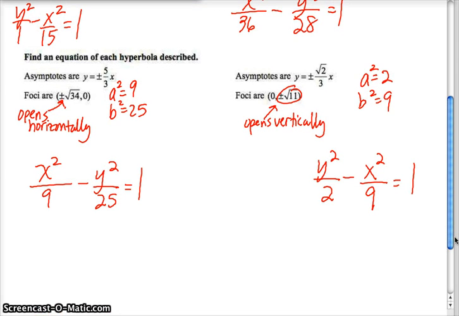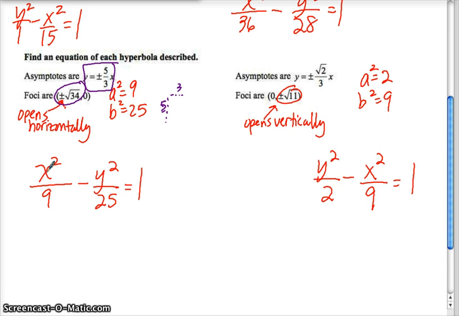Down below, I did everything based on the asymptote information, right? And so if I look at the asymptotes, I know the rise is 5 and the run is 3. That means my y-axis has to be paired with 25, my x-axis has to be paired with 9. The last thing I have to do is decide which one goes first, the x squared or the y squared.